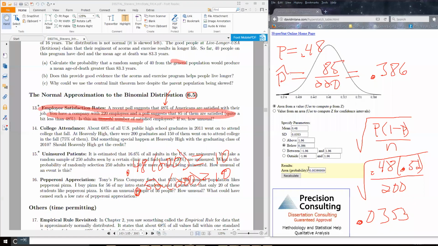Looking at that, the probability is much less than 5%, 0.05. So yes, this is an unusual event. This is an unusually low number of satisfied employees if the poll is correct.